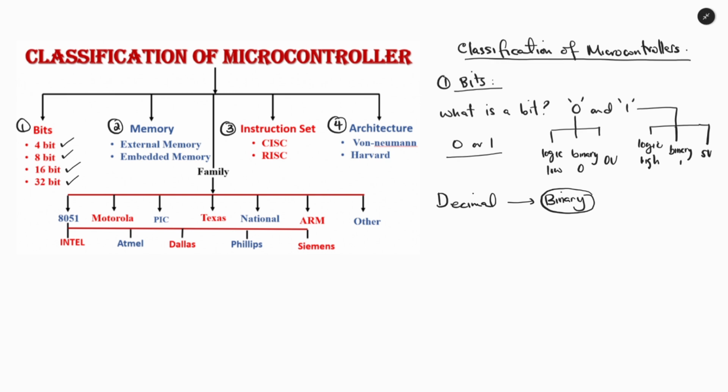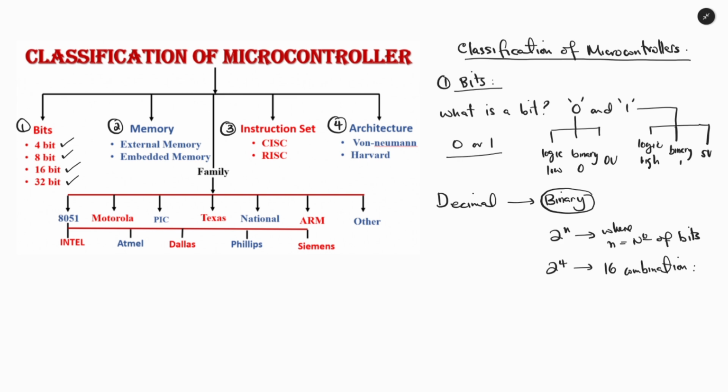In binary, we say 2 to the power of n, where n equals the number of bits. So for 4 bits we have 2 to the 4, which gives 16 combinations of output that the 4 bits can produce.